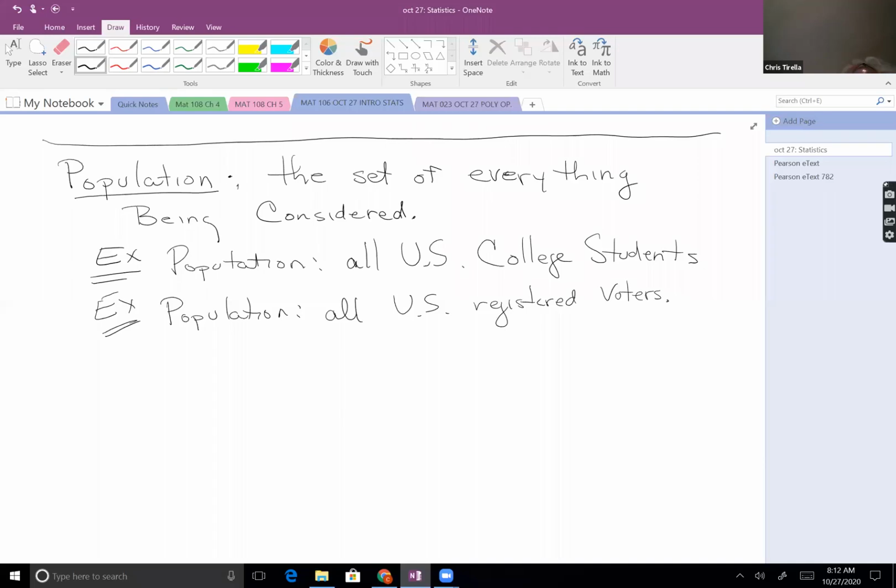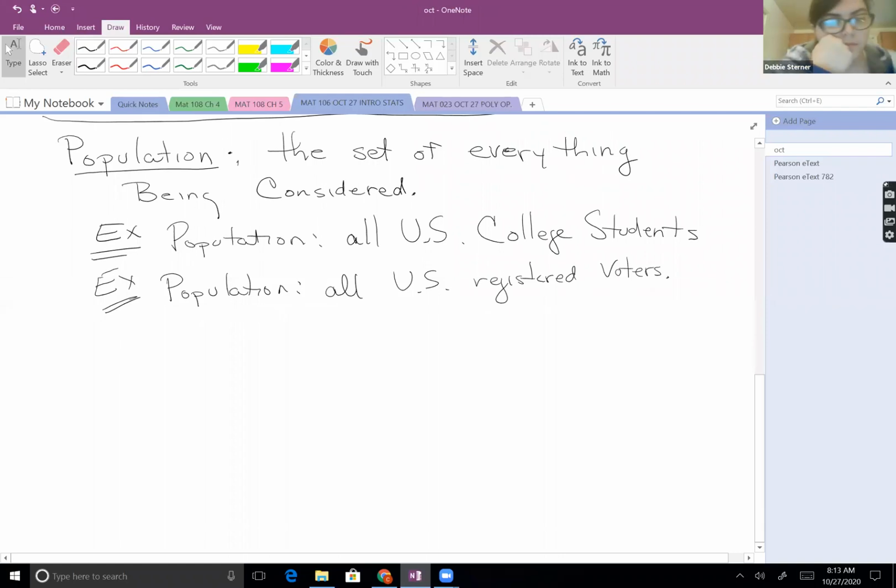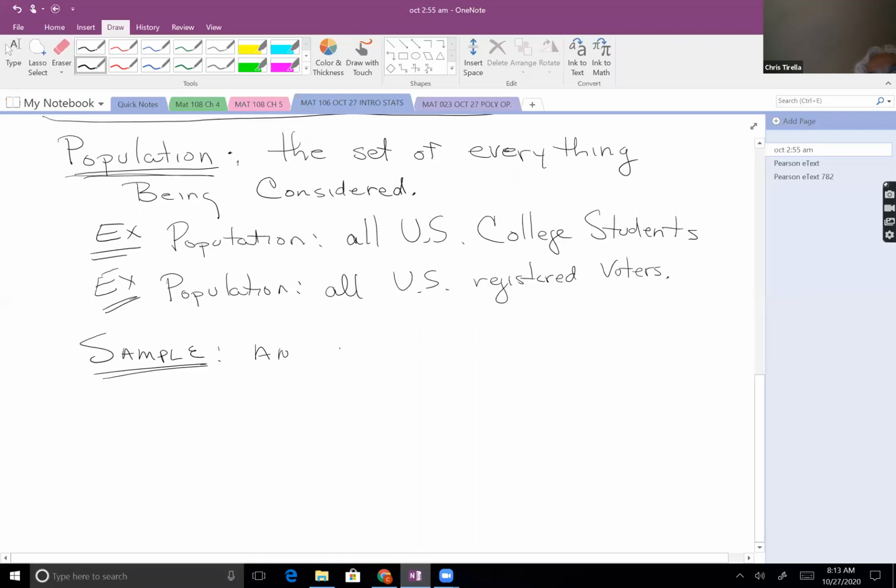Do you think it's feasible for whatever media venue is making these claims to have reached every single person registered to vote in this country? No. And so what happens is, because populations are often difficult, unwieldy, too large, we use a sample. And a sample is any subset of the population.